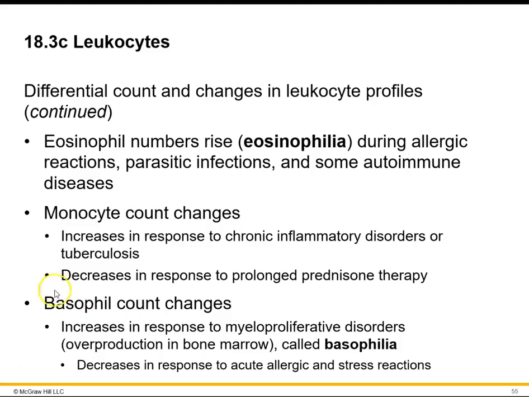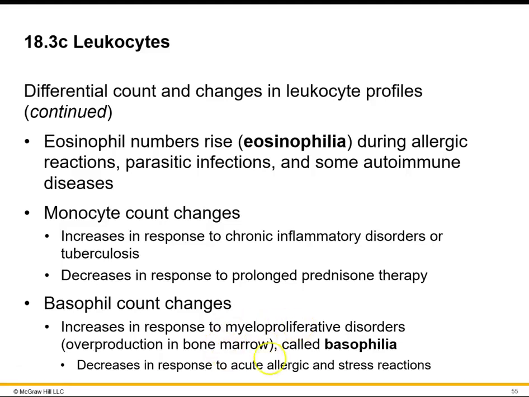Why would your basophils increase? Well, if you see basophilia, it's typically going to be in response to a myeloproliferative disorder. And all that a myeloproliferative disorder means is that basically something's going on in the bone marrow. An overproduction of a particular cell is happening in the bone marrow. And the problem with that is that in that overproduction, the bone marrow is churning out immature cells, cells that are not functional, not going to function like they should.